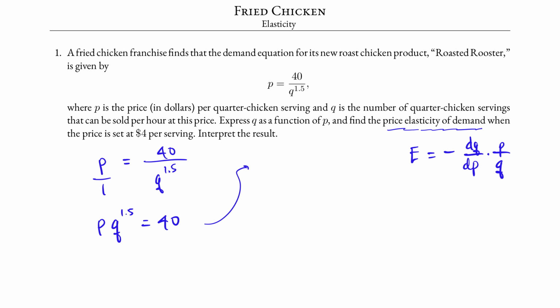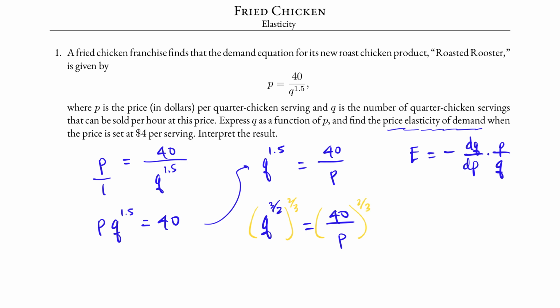Then we isolate Q, but we cannot do that yet. We need to isolate Q to the power 1.5 by itself. So Q to the power 1.5 is 40 over P, but 1.5 is the same as the fraction 3/2, so we rewrite this as Q to the 3/2 equals 40 over P. Now, to get Q by itself, we raise both sides of the equation to the power 2/3.